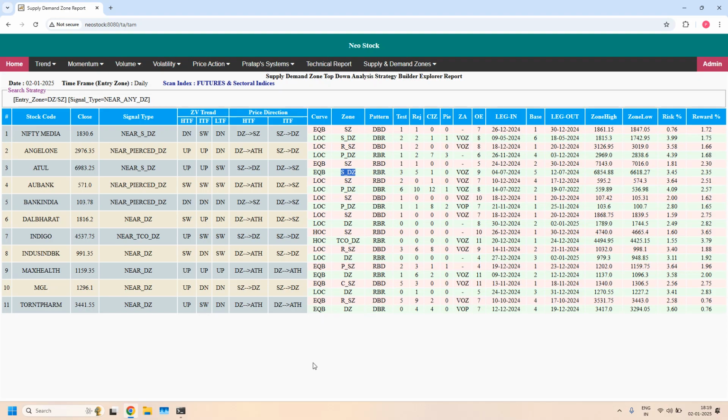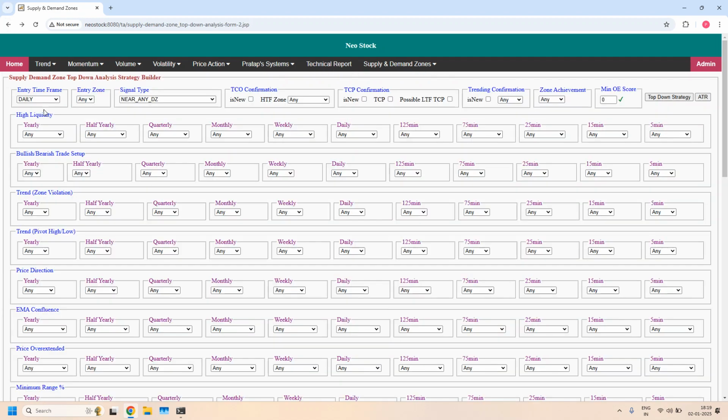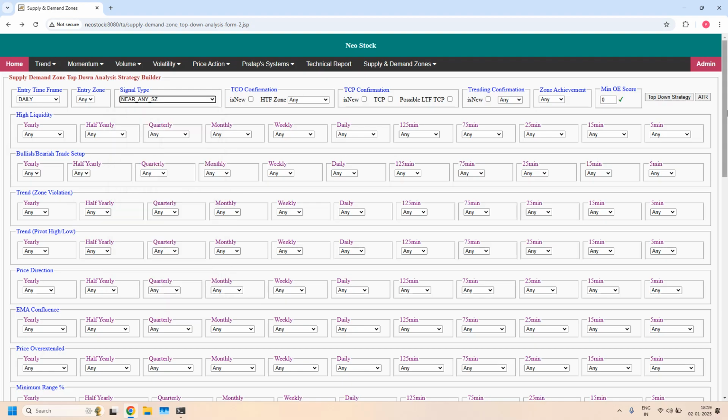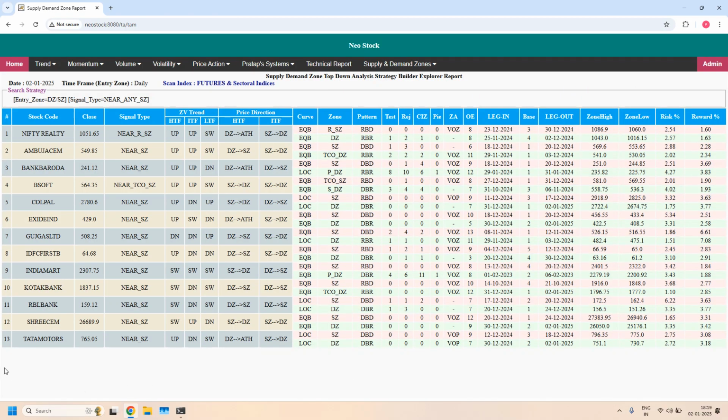near to the daily demand zone. Okay, next, for daily time frame, let us find the stocks where price is near to the daily supply zone. 13 stocks are filtered.